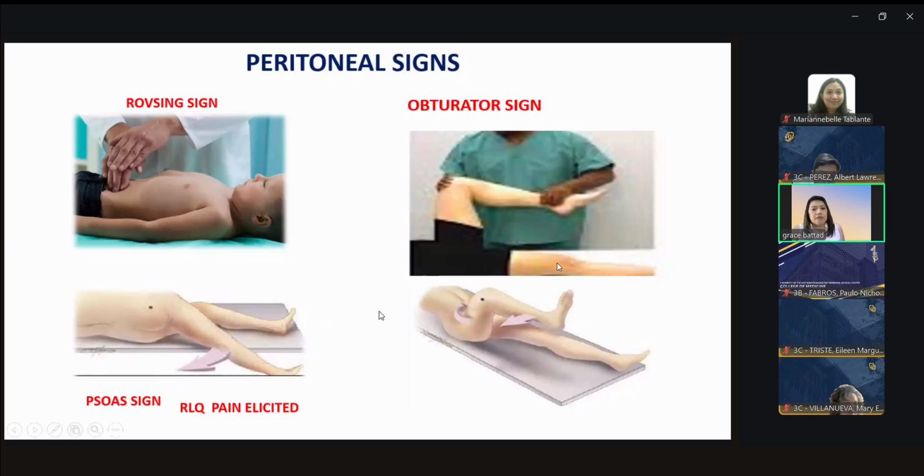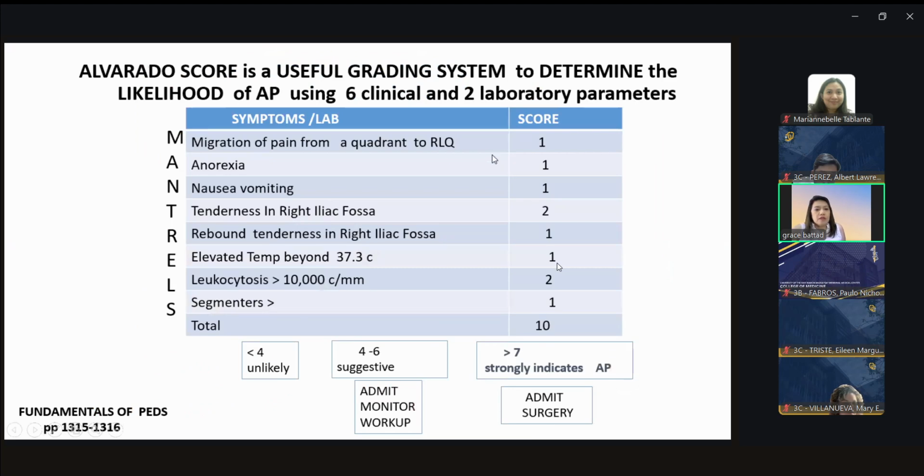Now, in the clinics, based on the database that you're gathering, there is a clinical scoring to help us discriminate whether this is going to be surgical or not, while we will also be referring to surgery.